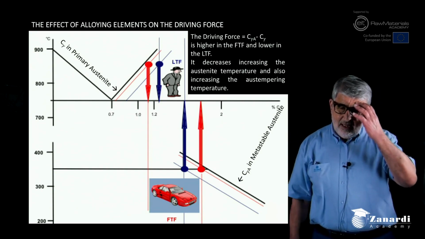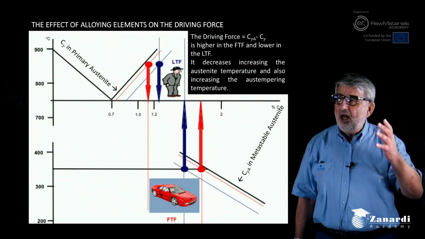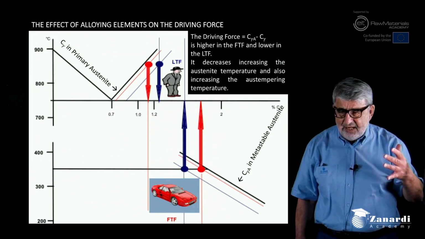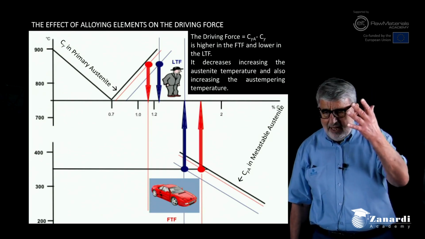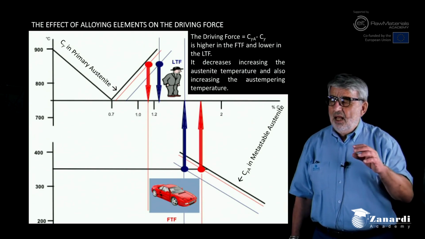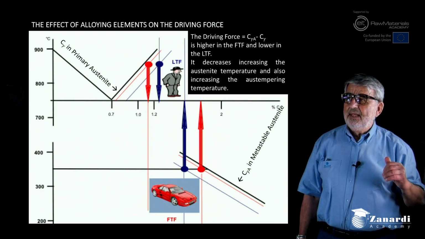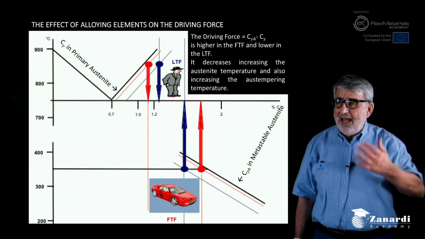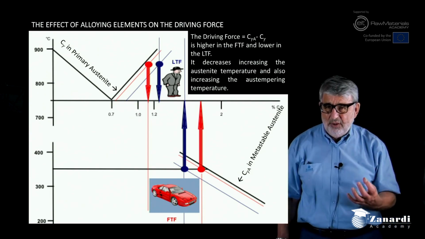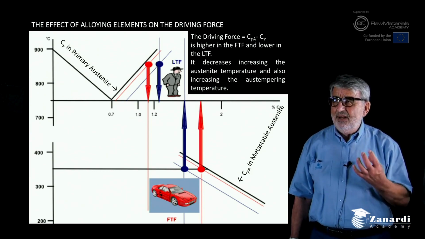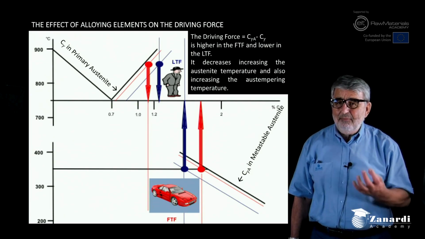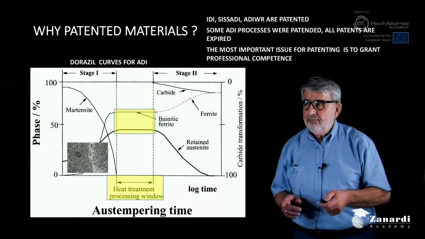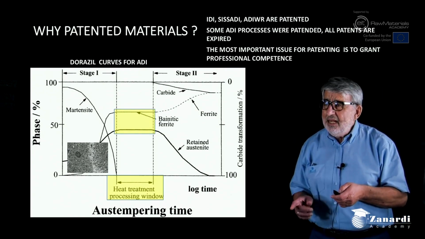So if the combination of the carbon solubility into the austenite, primary and metastable, induced by segregations, and the austenitizing temperature is not proper, we risk to have a bad process window, as we have seen before. And we need to avoid this.